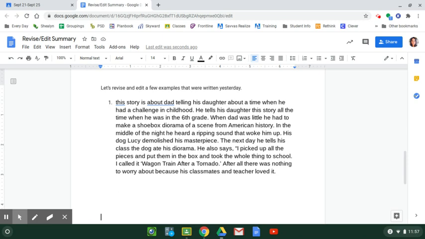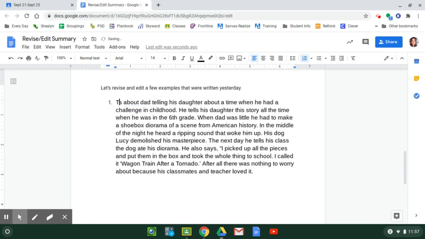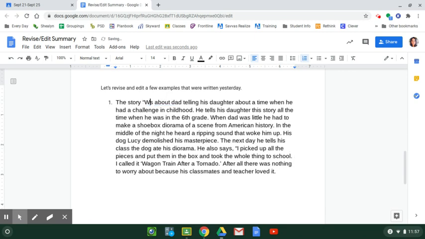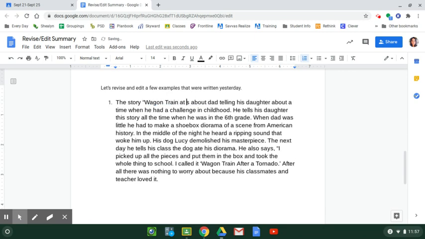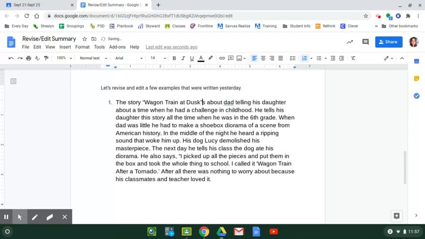So I see that this person starts by writing, this story is about Dad telling his daughter about a time when he had a challenge in childhood. What story? You need to make sure you include the title, okay? So I'm going to write the story, Wagon Train at Dusk, and I'm putting it in quotation marks, is about Dad.